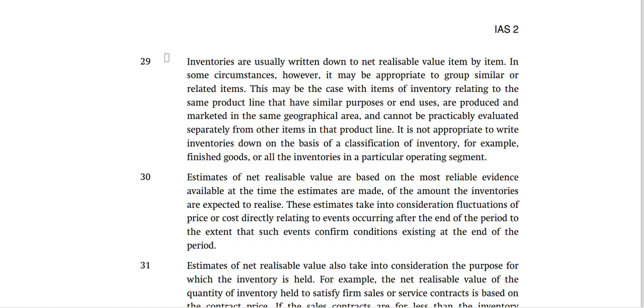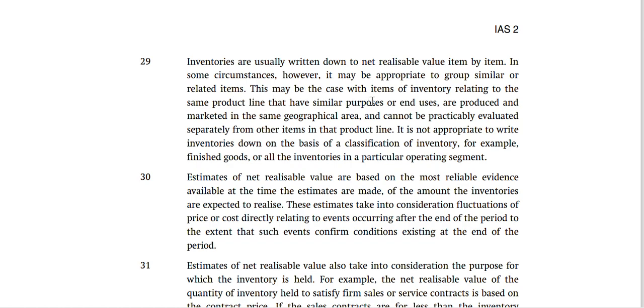Now we are looking at 29, and 29 says inventories are usually written down to net realizable value item by item. In some circumstances, however, it may be appropriate to group inventories of related items.